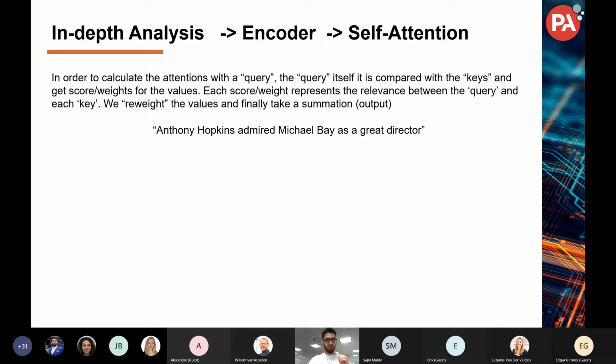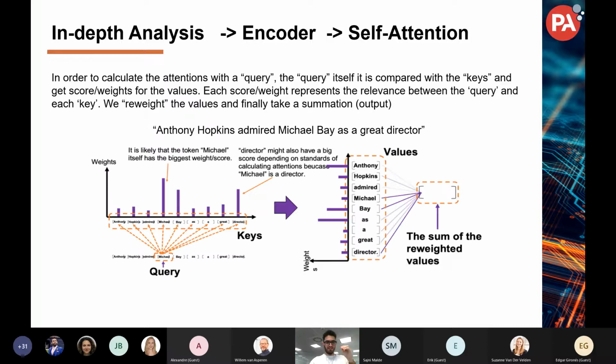We have this sentence: Anthony Hopkins admired Michael Bay as a great director. What happens here is that a query is basically a word of the input. And we compare every query with the keys. It is likely that, for example, the token Michael has the biggest weight score because, of course, it is compared with itself.